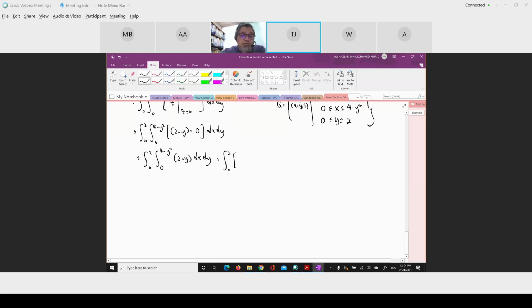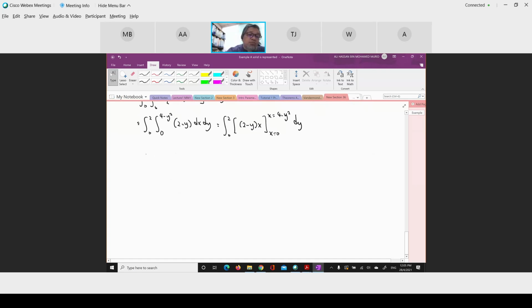It is 2x minus xy, or more simply (2 minus y)x, because 2 minus y is just a constant, with x between 0 and 4 minus y squared.